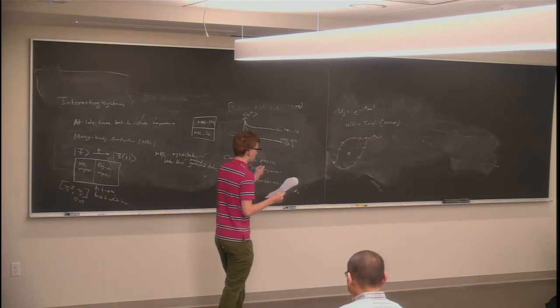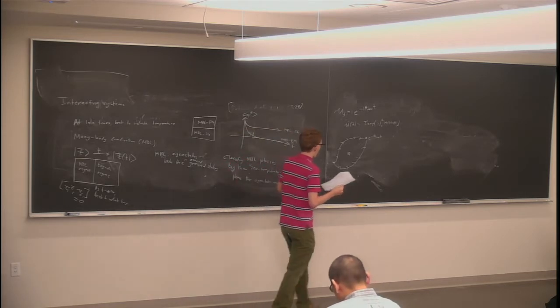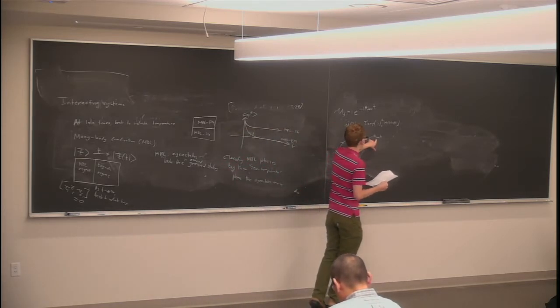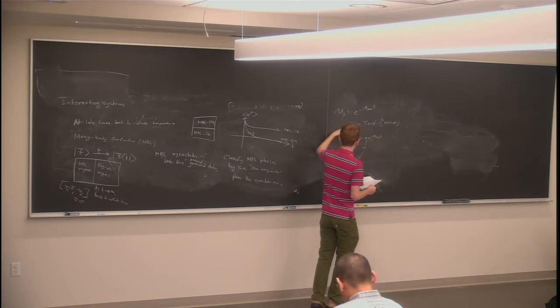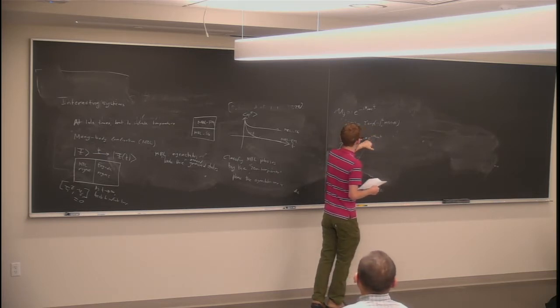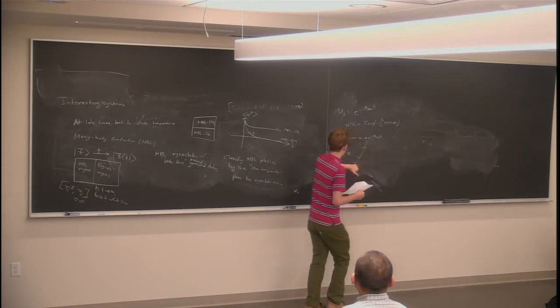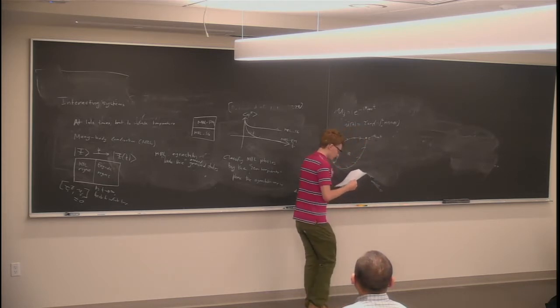So given that we have this MBL Hamiltonian, which has certain eigenstates and they're in a certain phase, there's still some different phases you can have within that class because you have different paths.